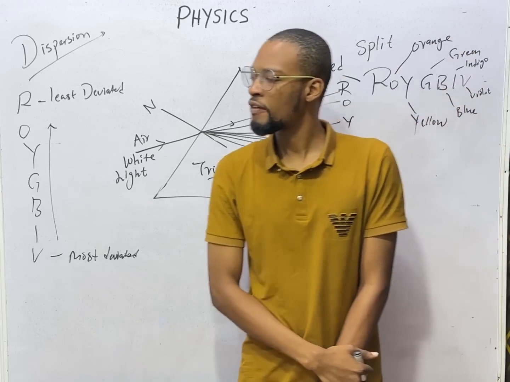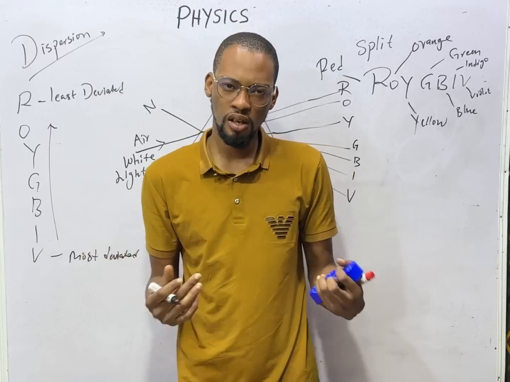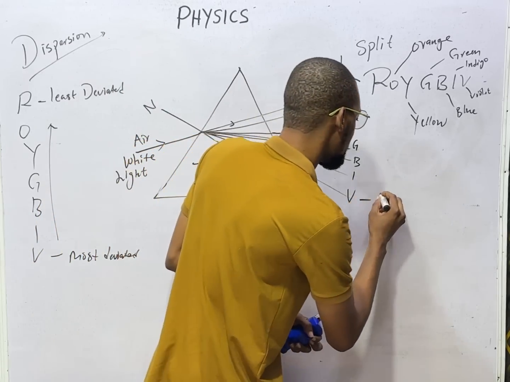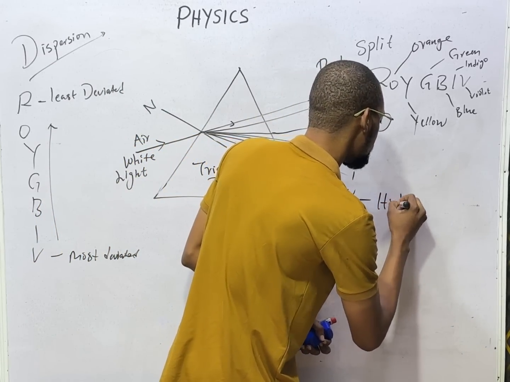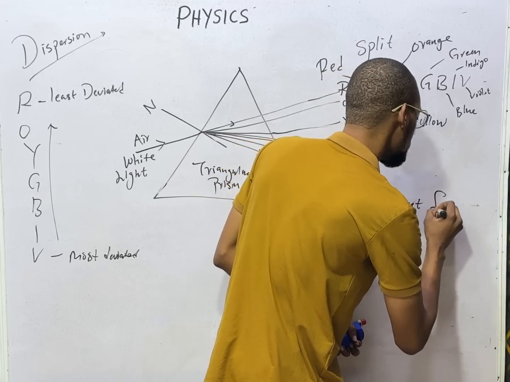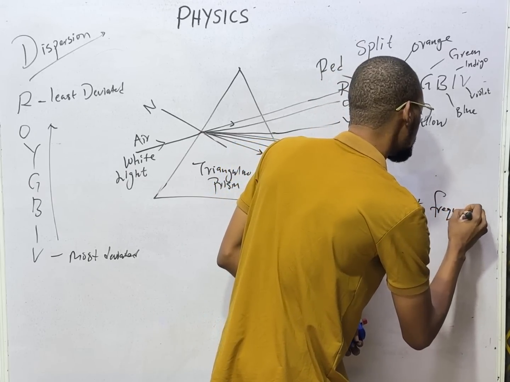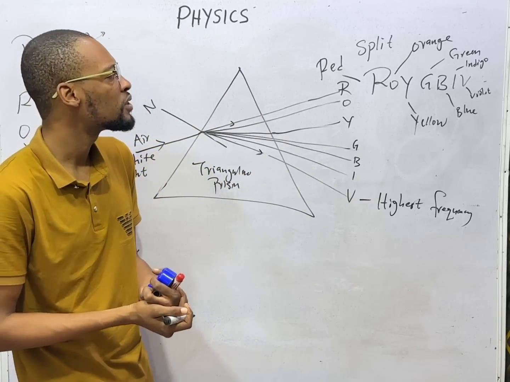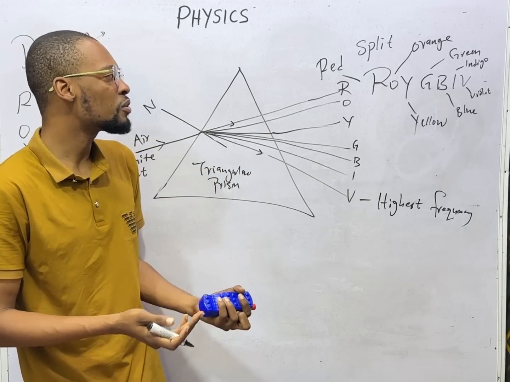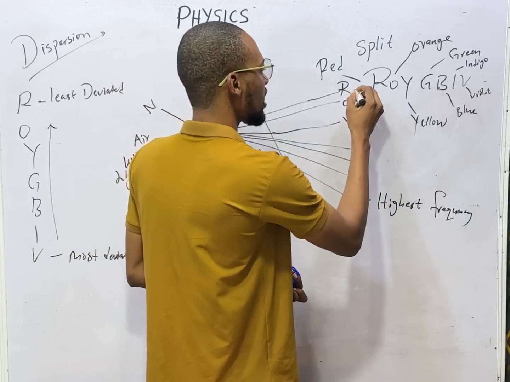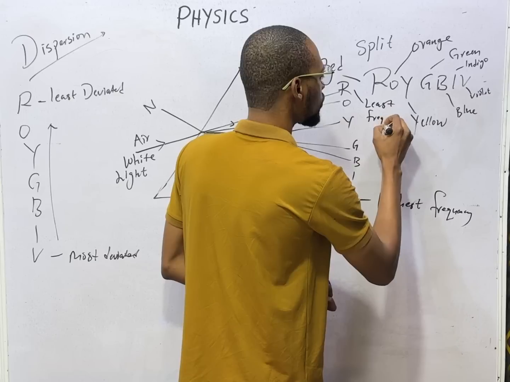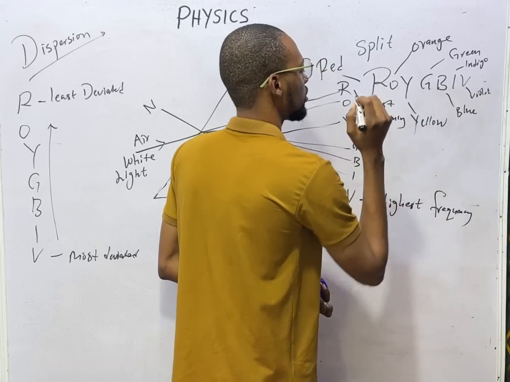In terms of frequency, violet has the highest frequency, which means violet is the most powerful. In terms of frequency, red has the least frequency.